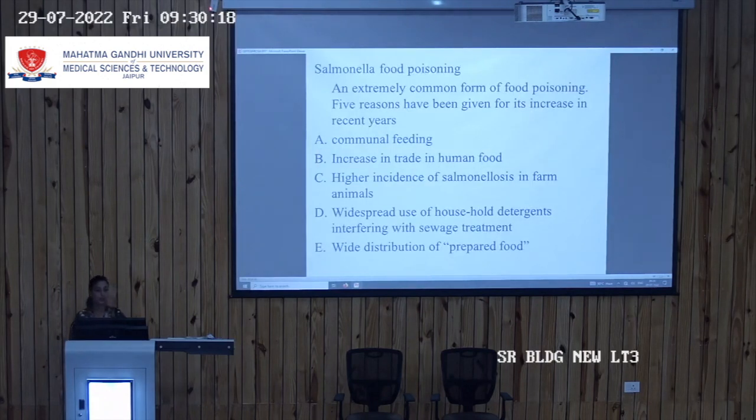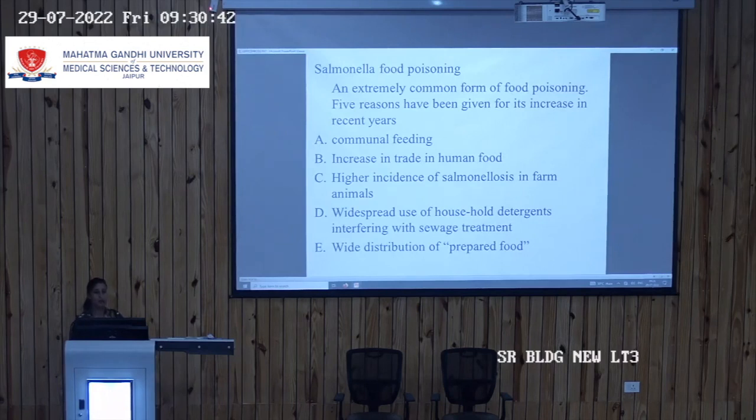Now, salmonella food poisoning is an extremely common form of food poisoning. 5 reasons have been given for its increase. Communal feeding, when there is food intake in groups. Increase in trade of human food, especially the cooked food. Higher incidence of salmonellosis in farm animals.